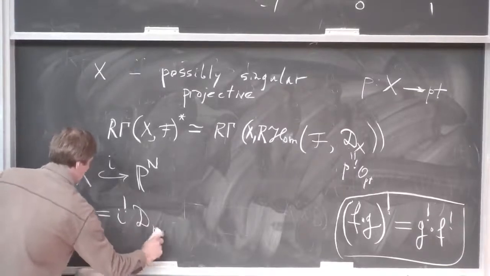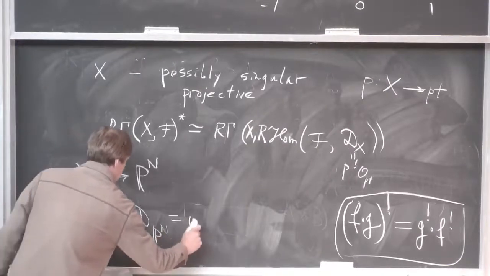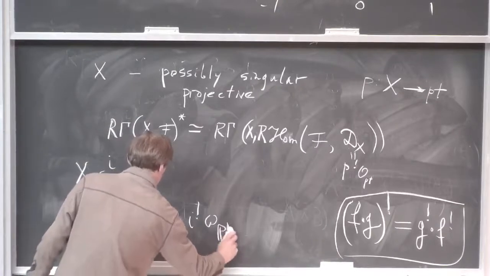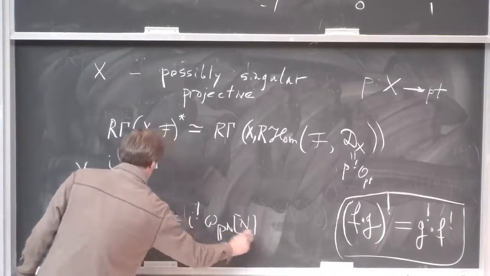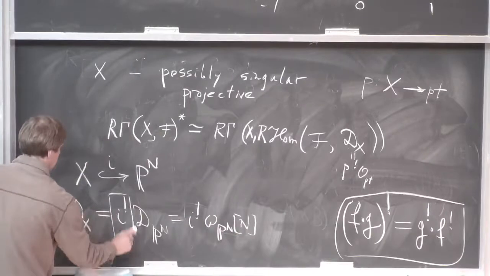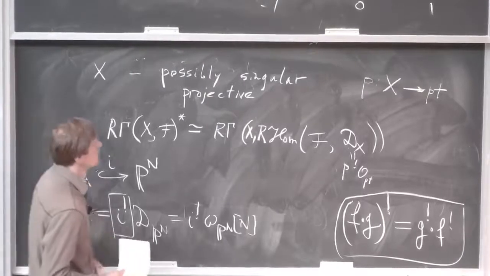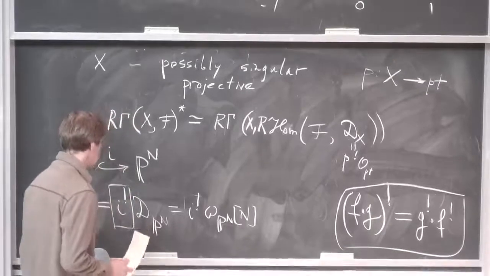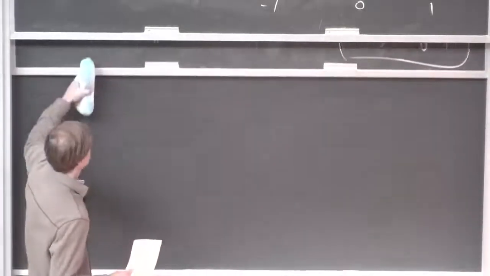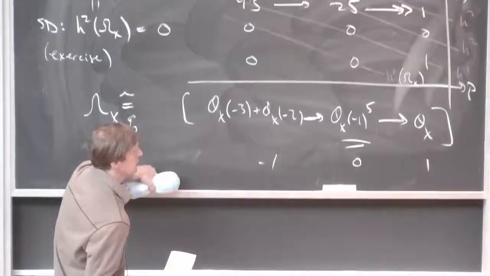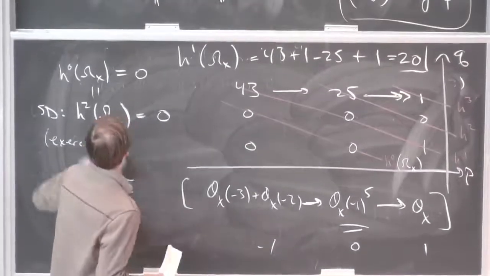But the dualizing sheaf on P^n is just what we had in the case of a smooth variety, so it's omega of P^n shifted by n. And i upper shriek for an embedding is actually not so hard to understand, because it can be defined as a derived functor of a certain functor between abelian categories.